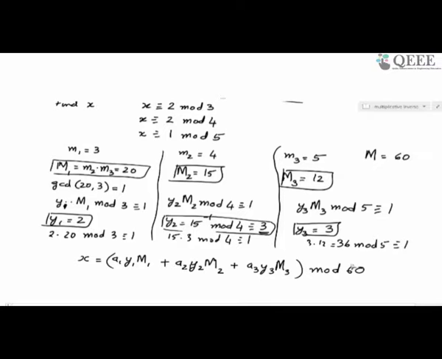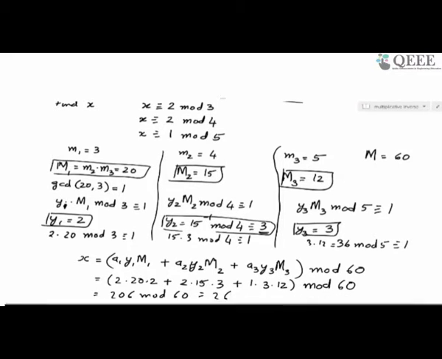So this is 2 into 20 into 2, plus a2, which is 2, into M2, which is 15, into 3, plus 1 into 3 into 12, mod 60. This would be equal to 206 mod 60, which is equal to 26.